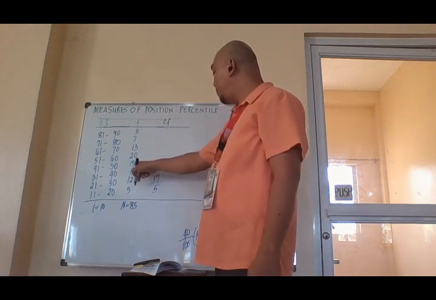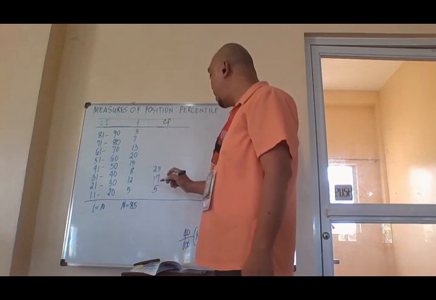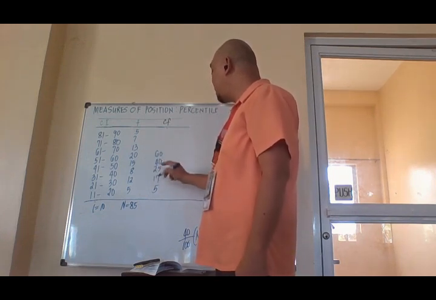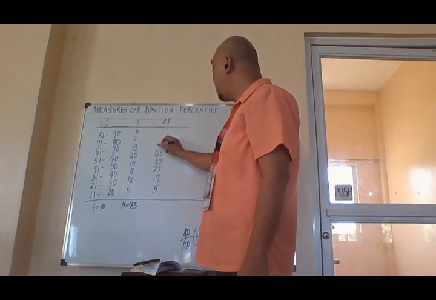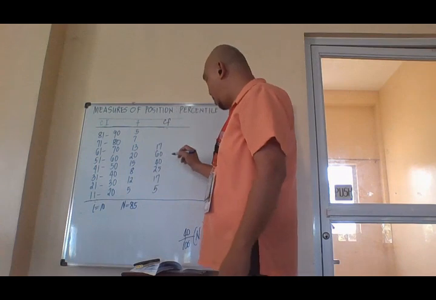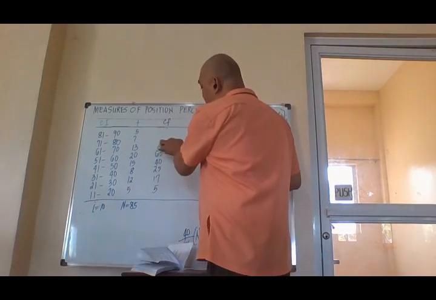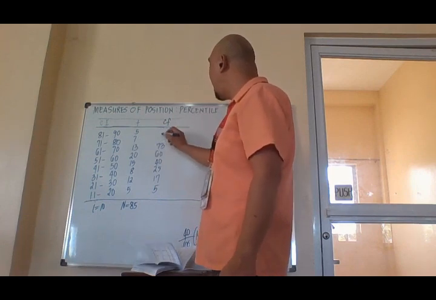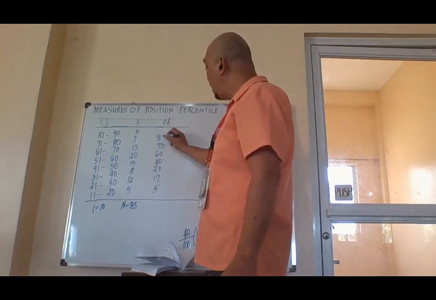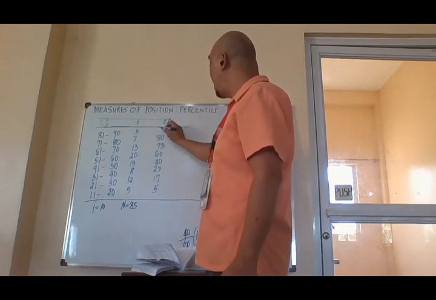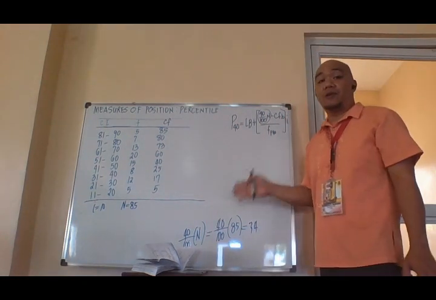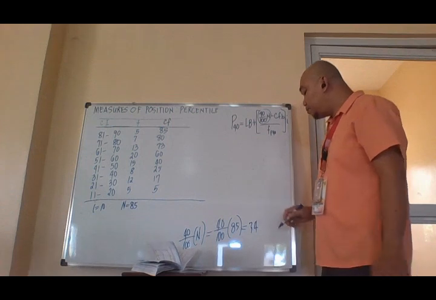And then 25 plus 15, we have 40. Plus 20, we have 60. Plus 13, we have 73. 73 plus 7, we have 80. Plus 5, we have 85.